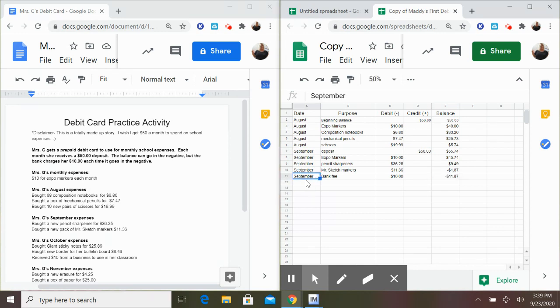Okay, well, I am done with September and I'm so glad because I am in the hole $11.87. So I'm going to go to October. Remember, every month I get a $50 deposit. I put it in the deposit part.